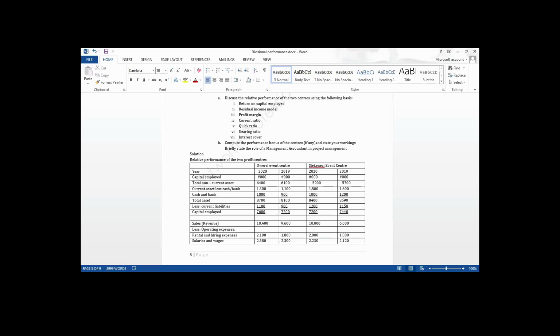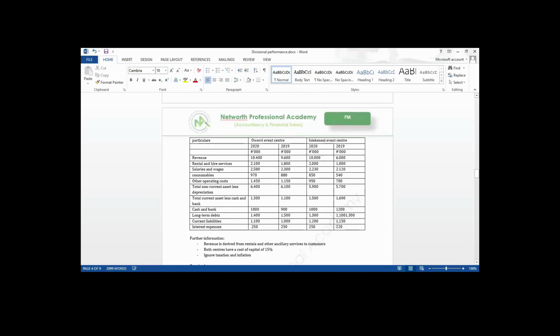Now let's go to it. If possible, open the solution in your book. Let us take the figures. Total non-current assets, less depreciation: pick this figure.